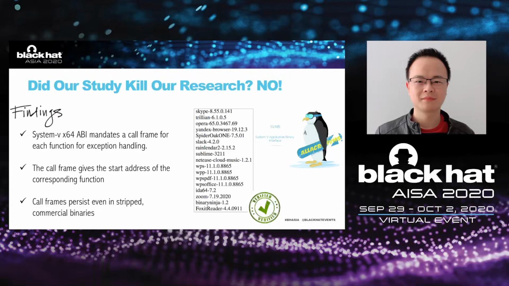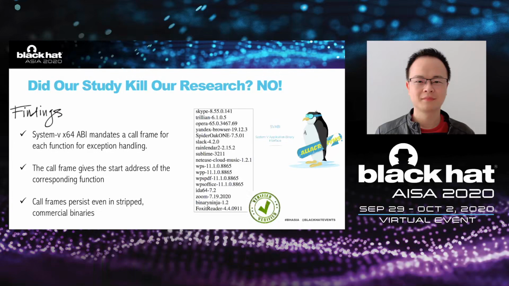One of the most important insights is related to System V x64 binaries, which are also the major targeted binaries of our research. Specifically, we found that the System V x64 ABI mandates call frame information for each function. Such call frame information is necessary to support runtime exception handling.